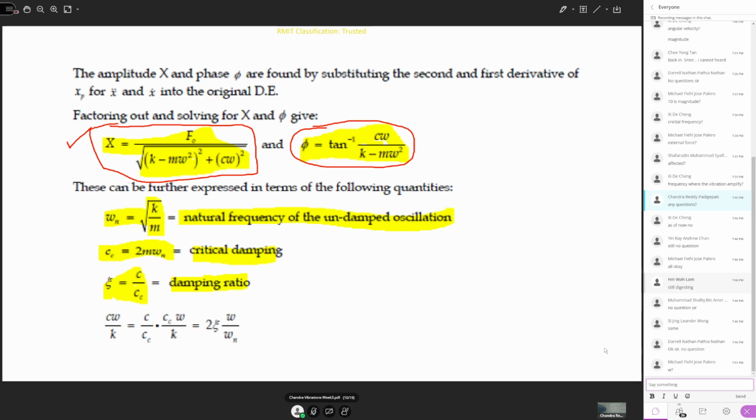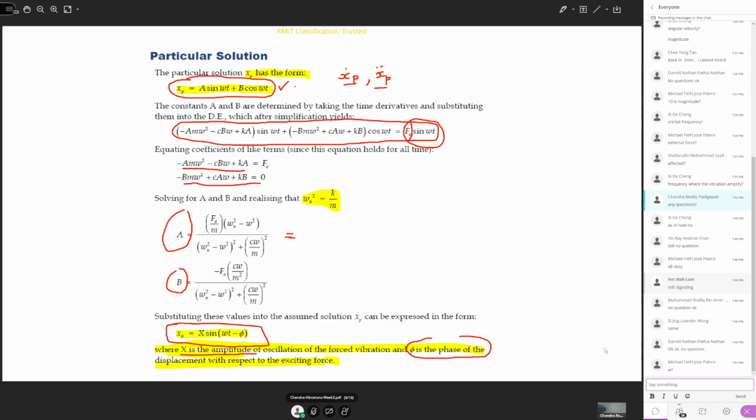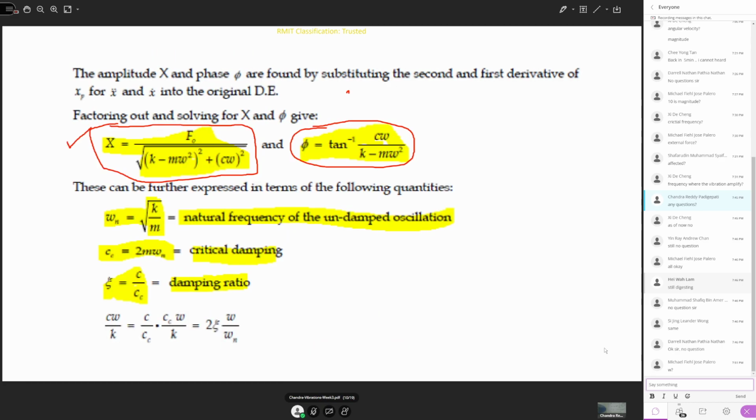So this is the particular response we are choosing. I'll just show you the particular response xp. We are taking xp as magnitude X into sine omega t minus phi. So this is the particular response.